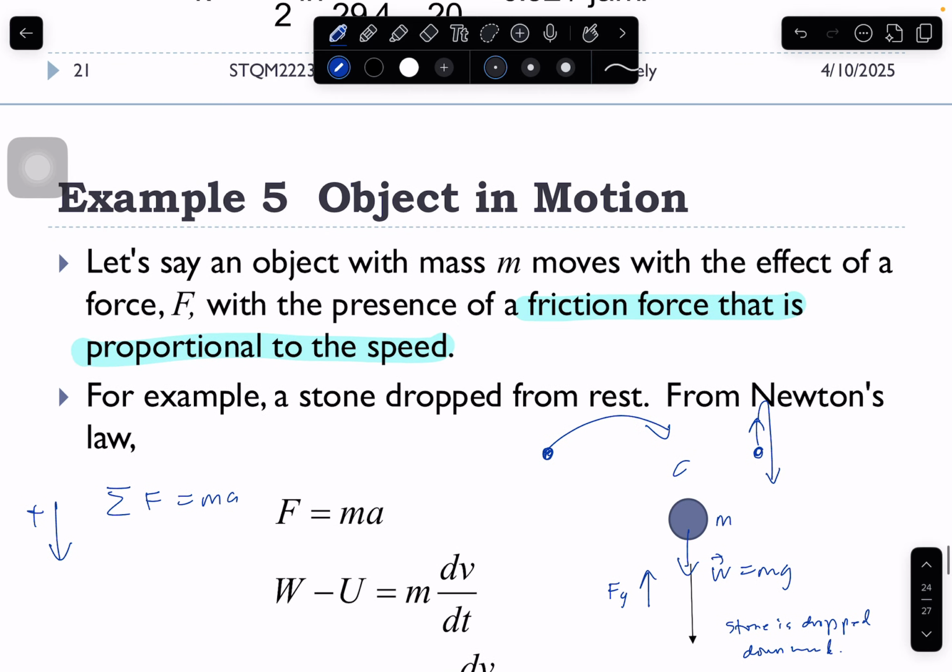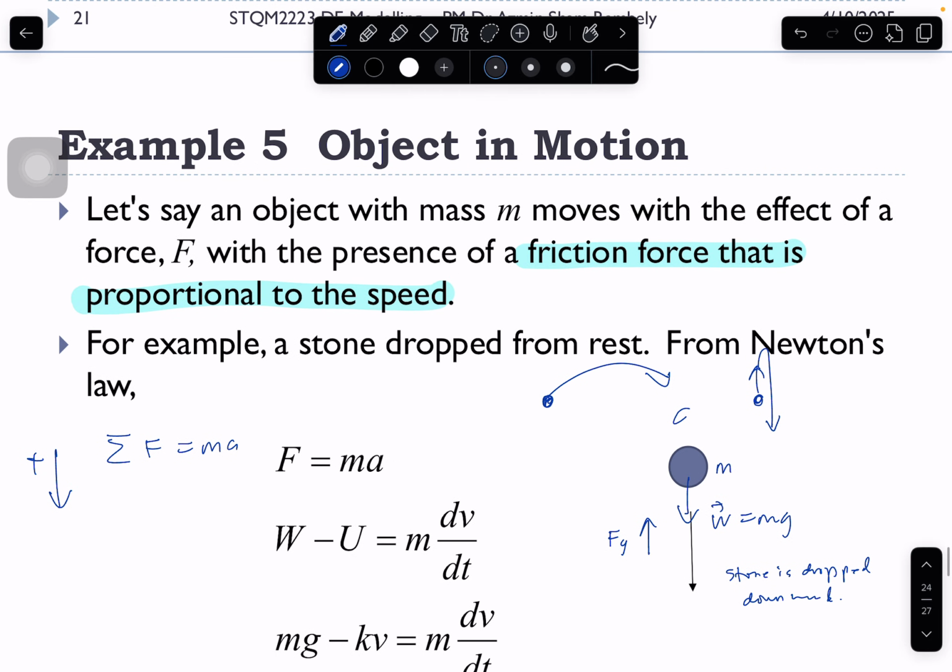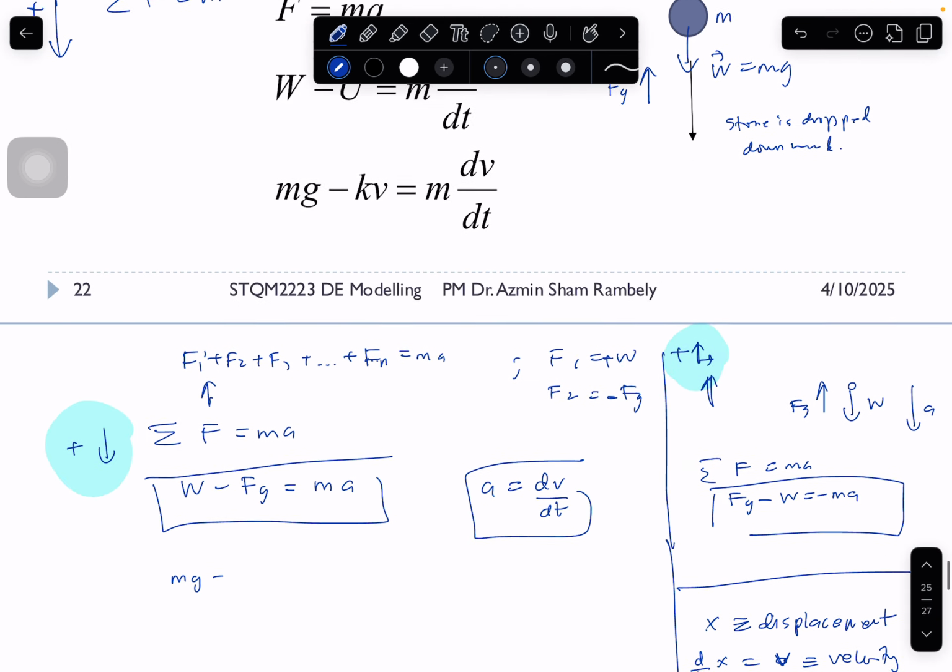Okay, it says that the friction force is proportional to the speed of the object. Fg is proportional to v. So what is v again? v is the velocity just now, right?